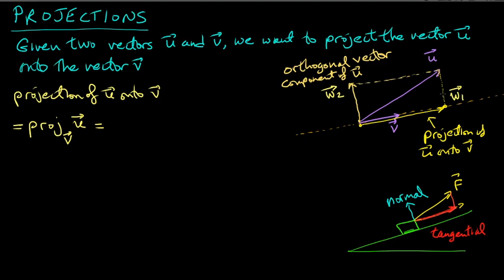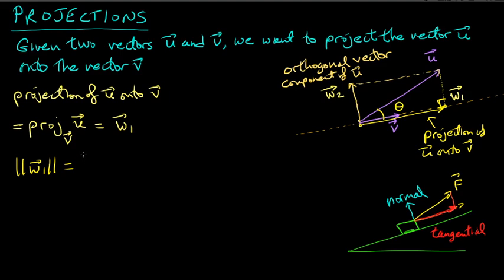So first let's just get the magnitude of that vector, right? So this is just going to be W1, and we just want to find the magnitude of W1 for now. Well, that's just trigonometry, right? This is a right angle, and let's say that the angle between u and v is theta.